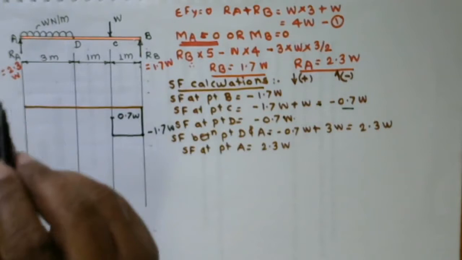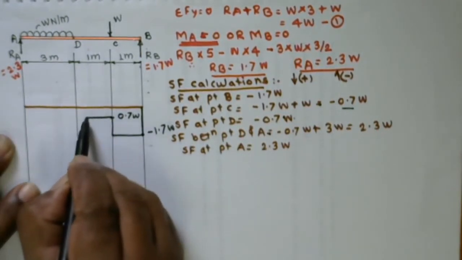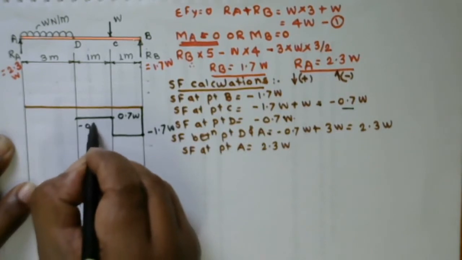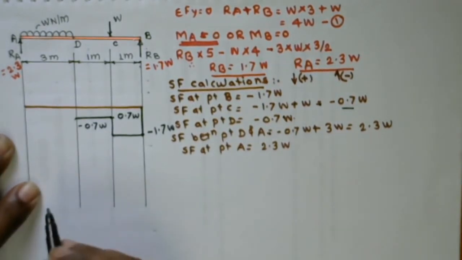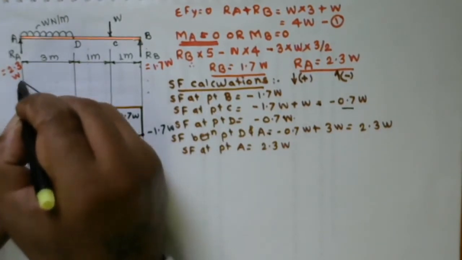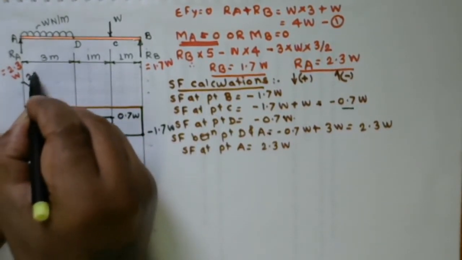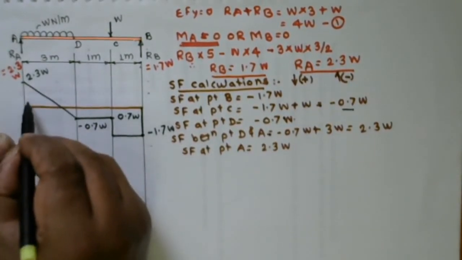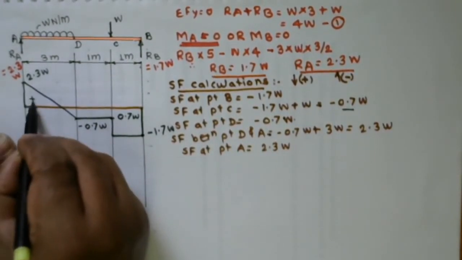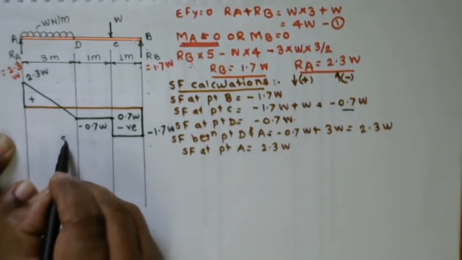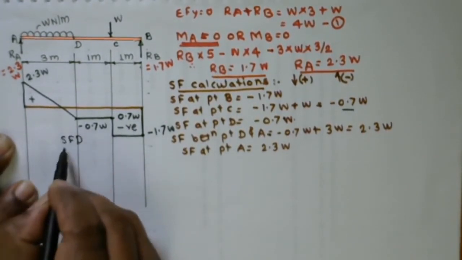Again between the point C and D there is no load, again horizontal, so at point D again it is minus 0.7 W. Between the point D and A, which is 2.3 W. So in that case, this positive shear force diagram, this negative shear force diagram. So this complete our SFD.